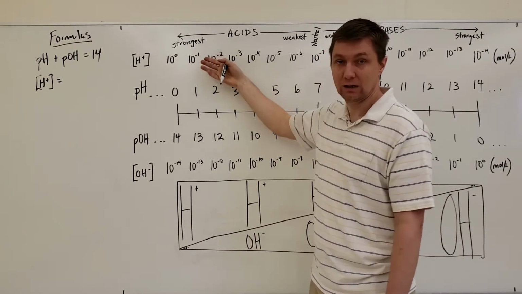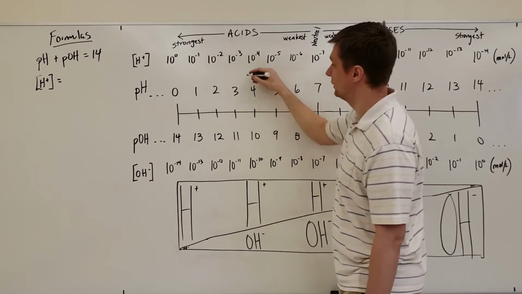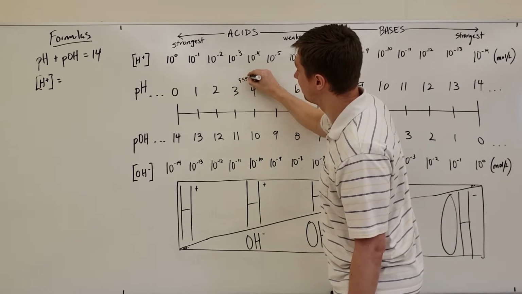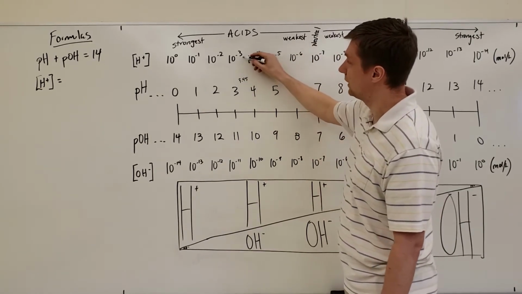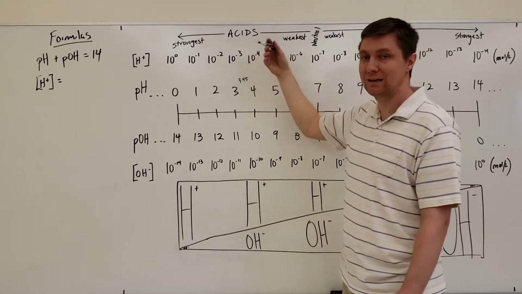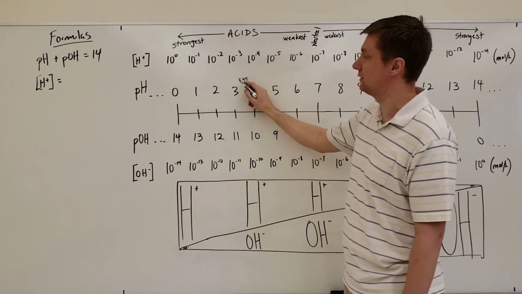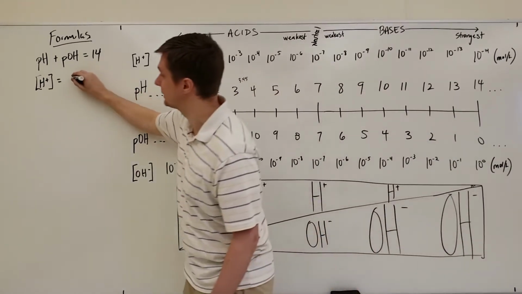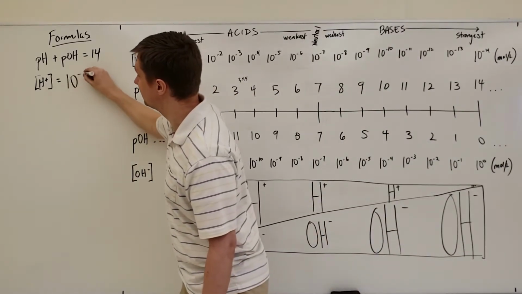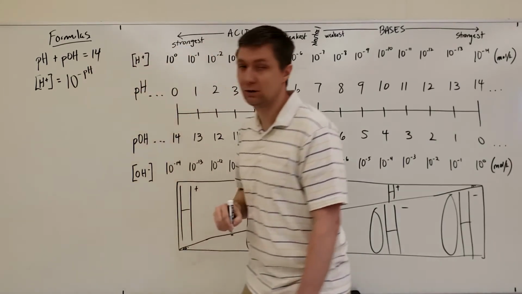So 10 to the negative 1. If my pH is 3.45, then my hydrogen ion concentration would be 10 to the negative pH, in other words, 10 to the negative 3.45. So that's our formula here, the hydrogen ion concentration is just 10 to the negative pH.